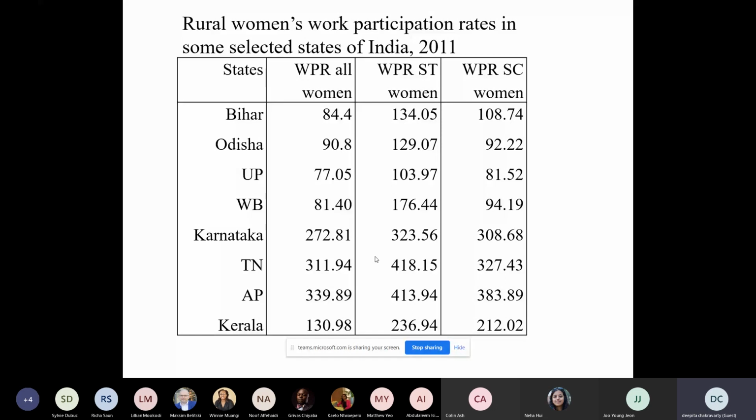Otherwise, if you look at the other factors, Odisha fits in quite well in other respects in my hypothesis.